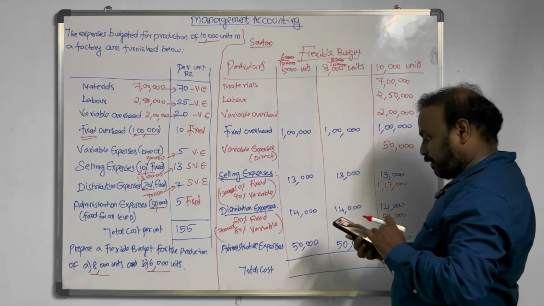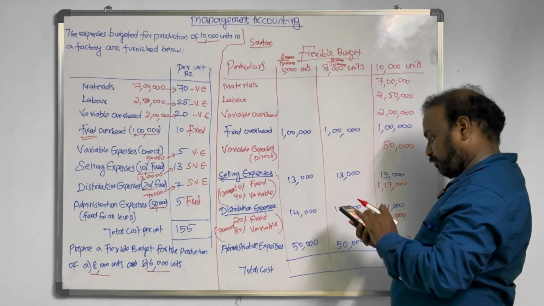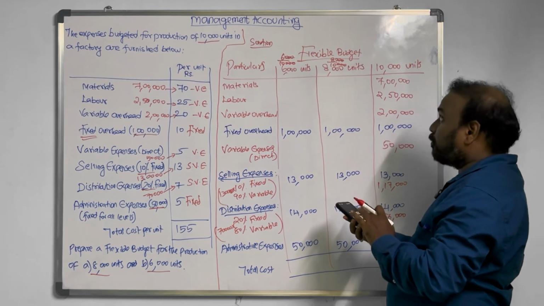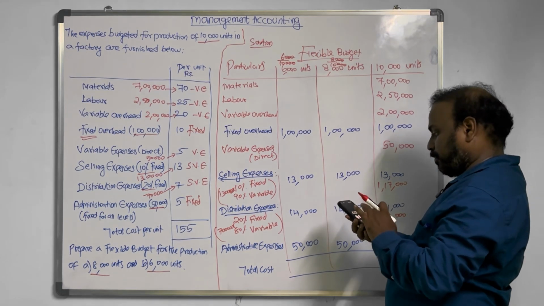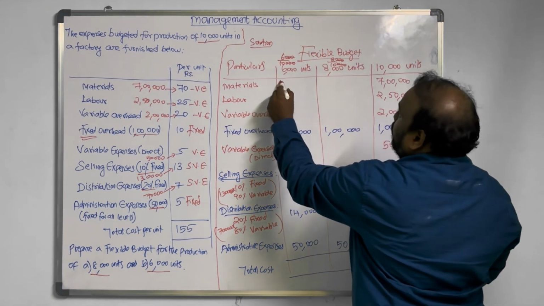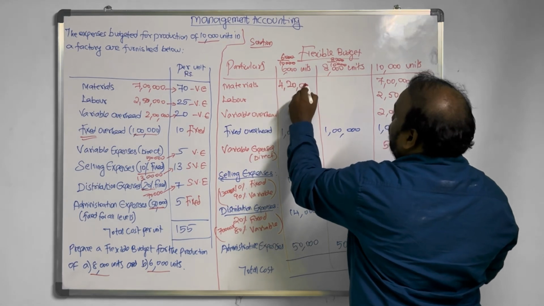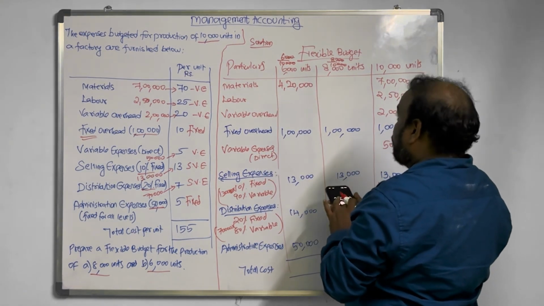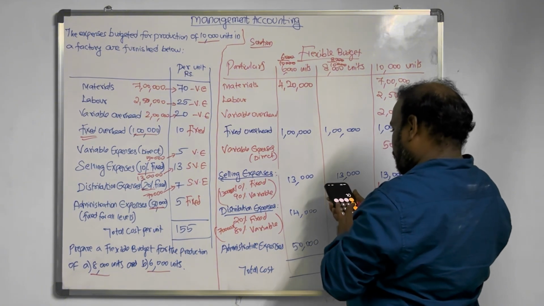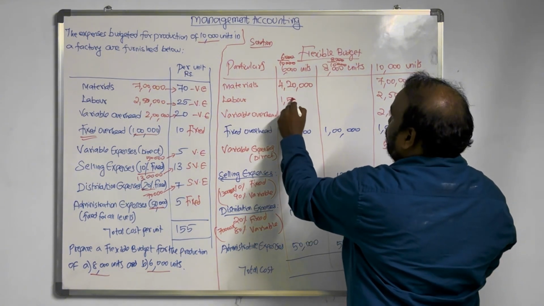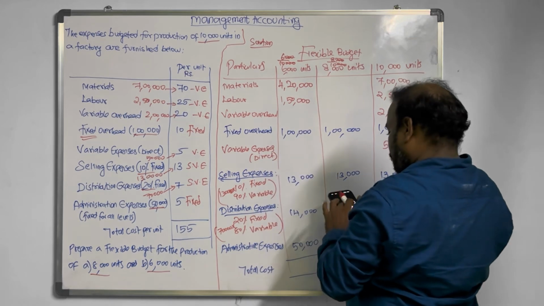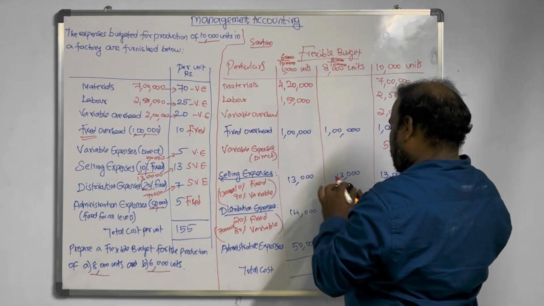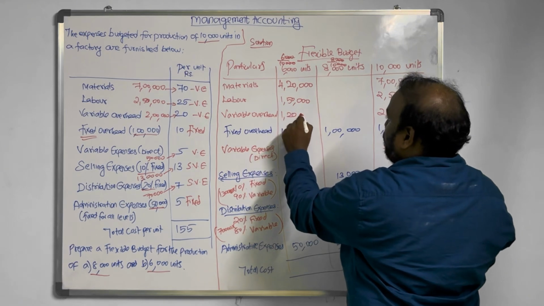We go for the calculation. 7 lakh into 6 divided by 10, getting 4,20,000. Then 2,50,000 into 6 divided by 10, we are getting 1,50,000. Then 2 lakh into 6 divided by 10, you are getting 1,20,000.